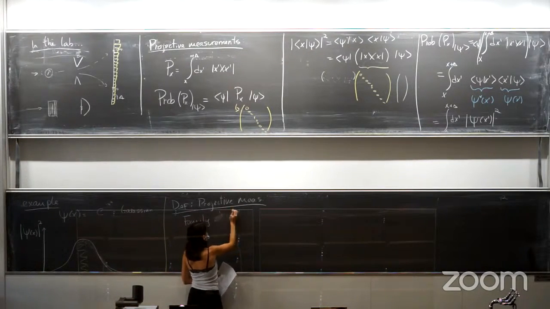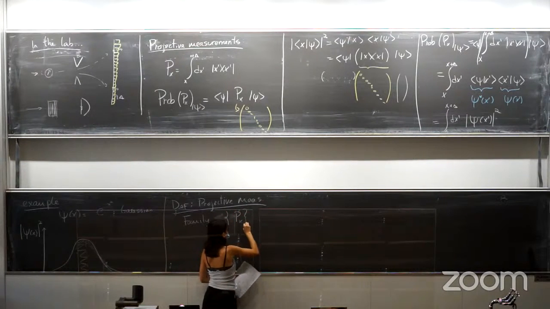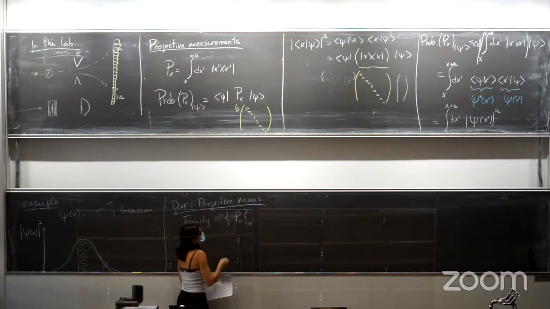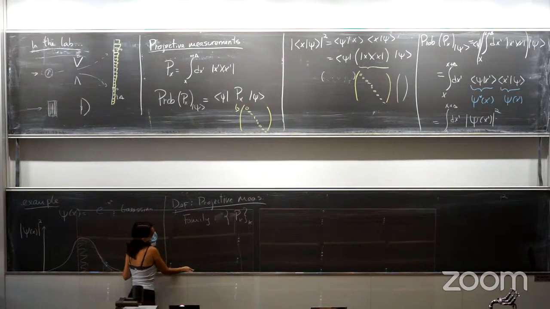Let's just call the family K. These are matrices in your Hilbert space. And I say K because it could mean anything, and it's usually a finite value. Right? You only have a finite number of outcomes in your lab.